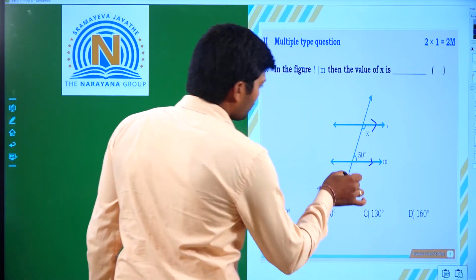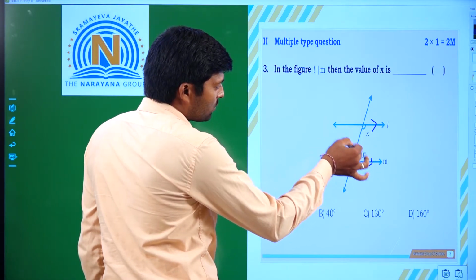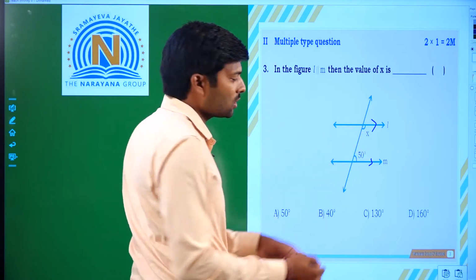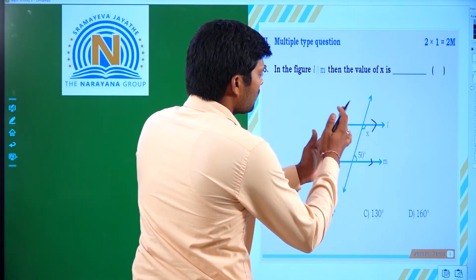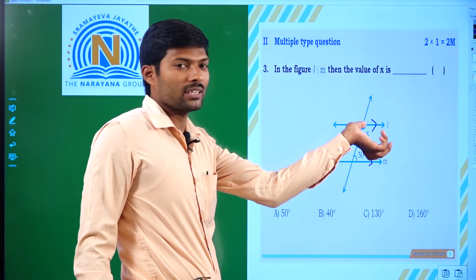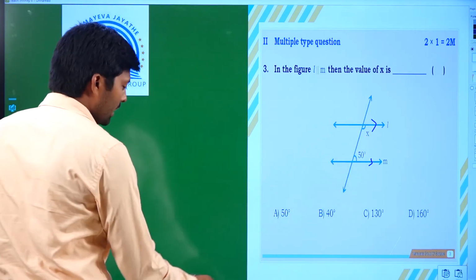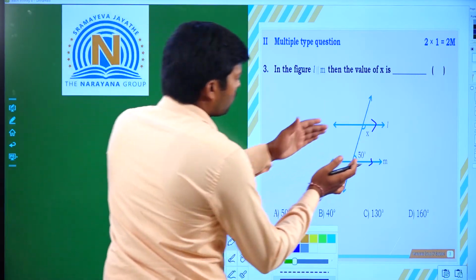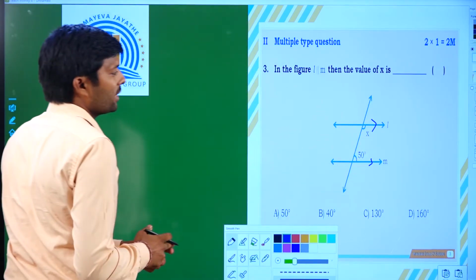From this figure, both x as well as 50 degrees are co-interior angles. That means these two angles lie on the same side of a transversal and both are in the interior between the two lines, so we call them co-interior angles. From the concept of co-interior angles, the sum of two co-interior angles is 180 degrees.